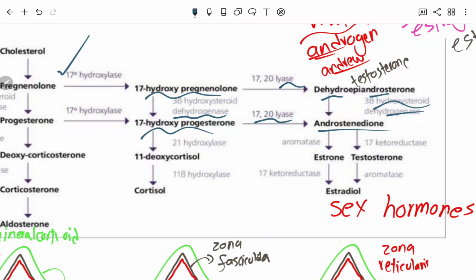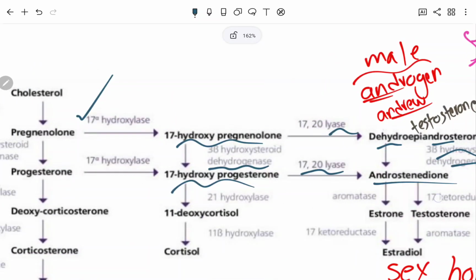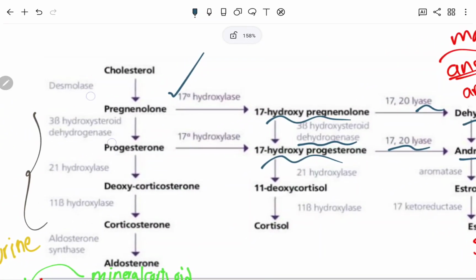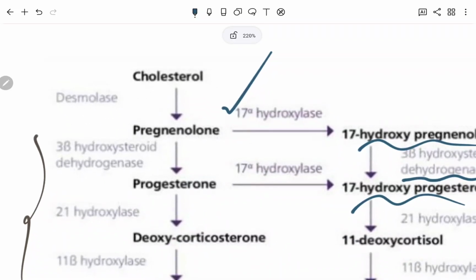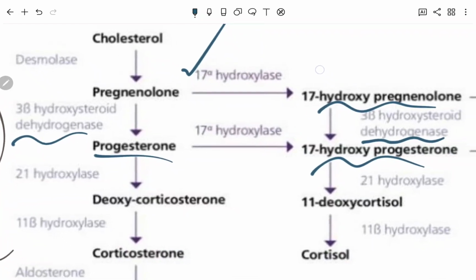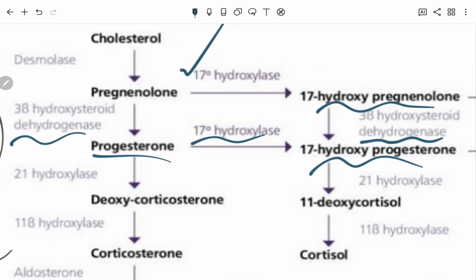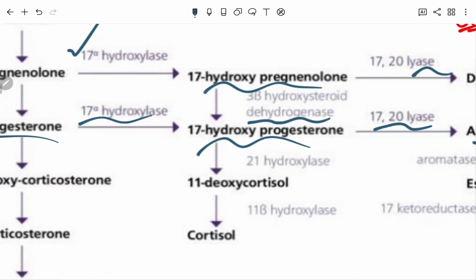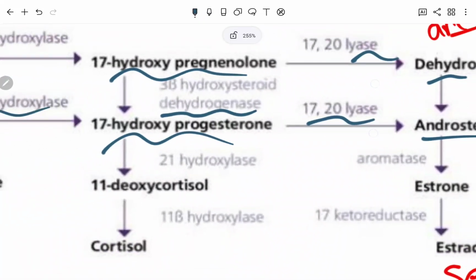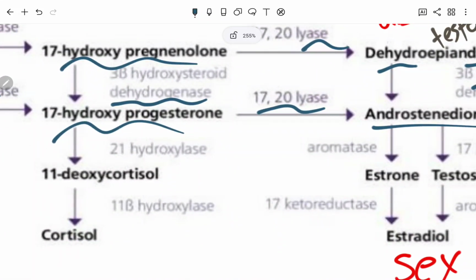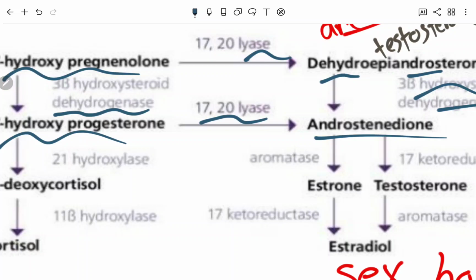And there's a third detour that pregnenolone can take in order to reach androstenedione. So we can start with the dehydrogenation step first. We can dehydrogenate the pregnenolone to yield progesterone, and then progesterone is going to get 17-hydroxylated to yield 17-hydroxyprogesterone, and then after that, the lyase would show up and convert 17-hydroxyprogesterone to androstenedione.